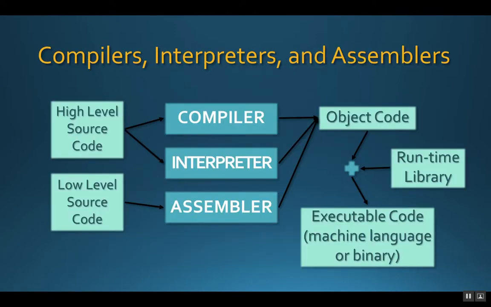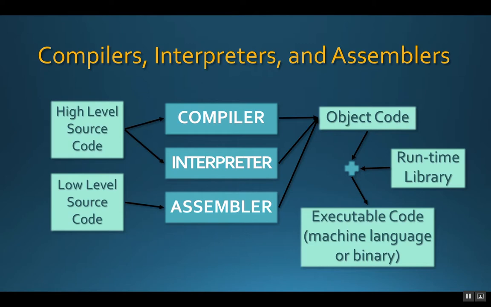So that happens at a couple different levels. We have compilers or interpreters. The low level still exists, which is assembly code that is assembled. Any of those will work together to create what we call object code, which is a binary representation.